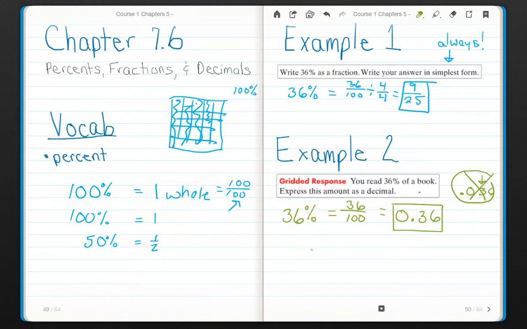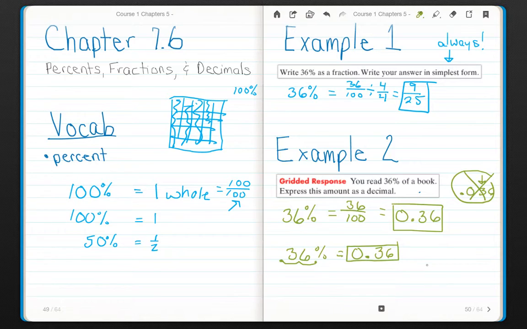The other option is to divide by 100. So if I have 36%, I'm going to move the decimal, which is here, to the left 2 places. 1, 2. So 36% equals 0.36.